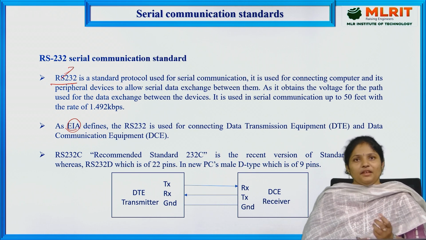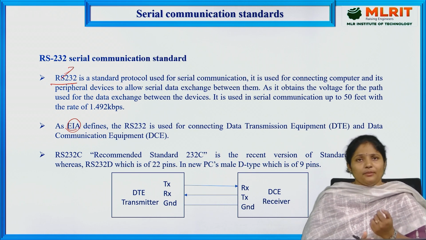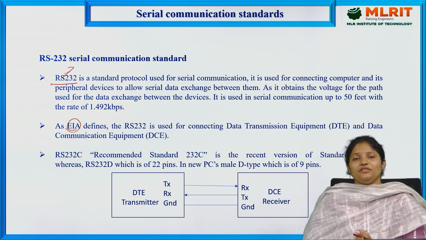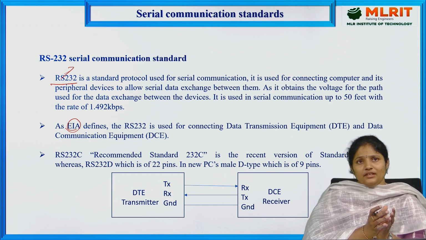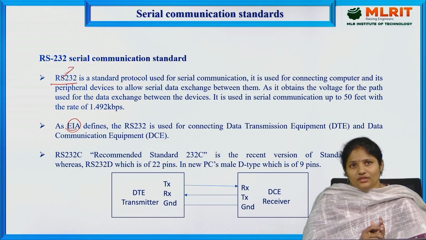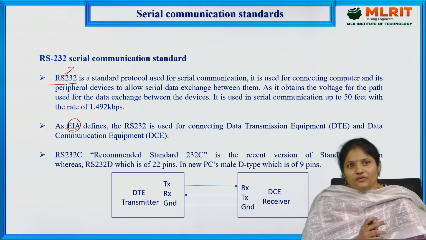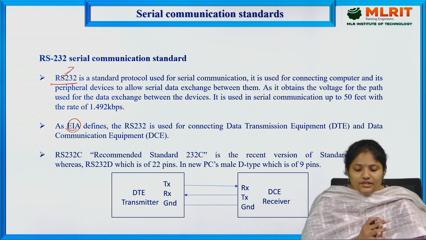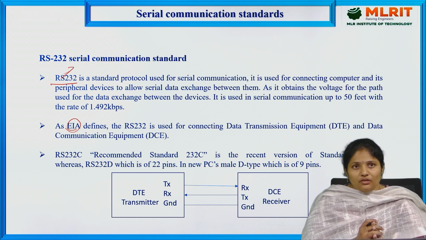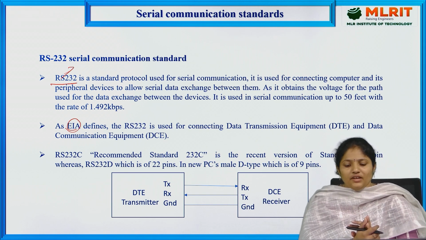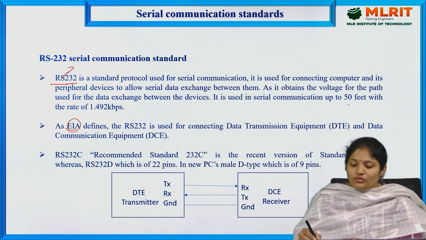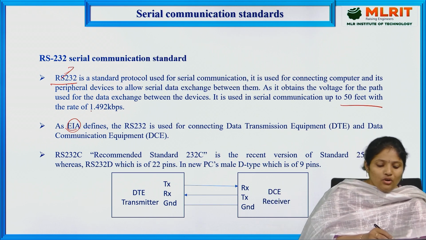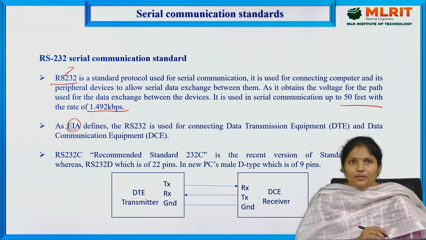It is basically a communication standard which will transmit data from one system to another system, or the processor can send data using the RS-232 serial communication standard to other peripheral devices. This RS-232 can exchange data between two processors, peripheral devices or communication devices, and it uses serial communication up to 50 feet with a rate of 1.492 kbps.